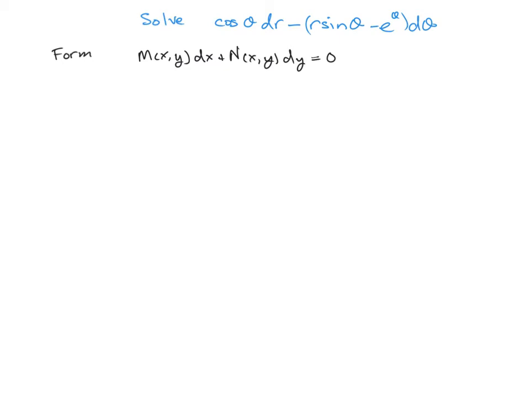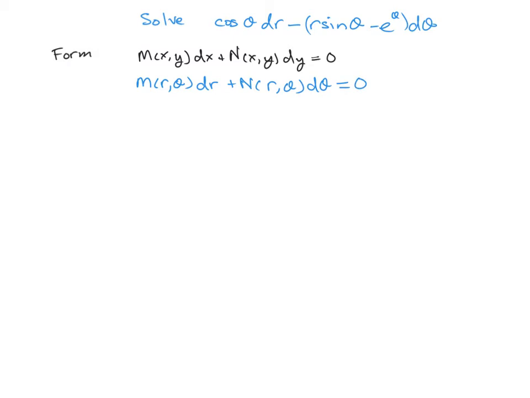And you'll notice that our problem up here does not. So if we were to write this over again in different variables, it would be M of r comma theta dr plus N of r comma theta d theta is equal to 0.